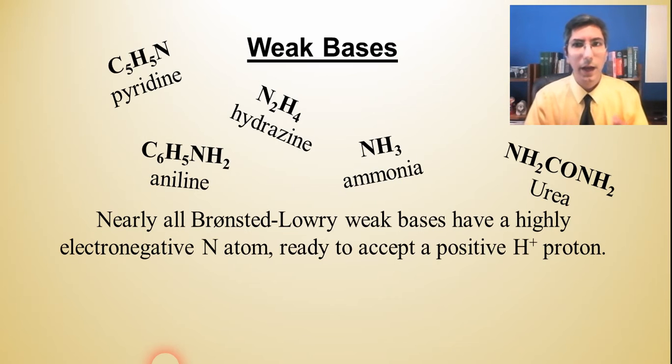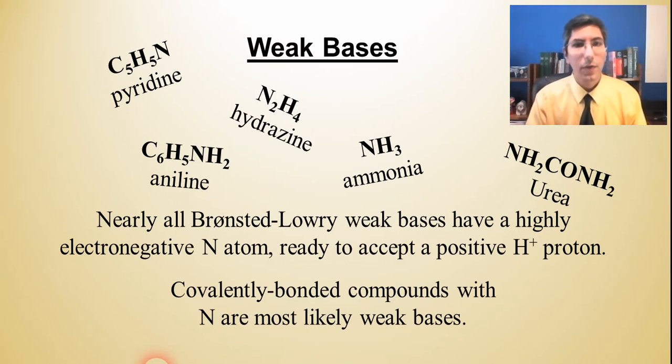So if you see a covalently bonded formula that has a nitrogen and a hydrogen in it, there's a good chance that it's going to be a weak base. These are some of the most common weak bases that we deal with in this course, but there are some others, and be aware that those could pop up as well. Now, how do these problems work?